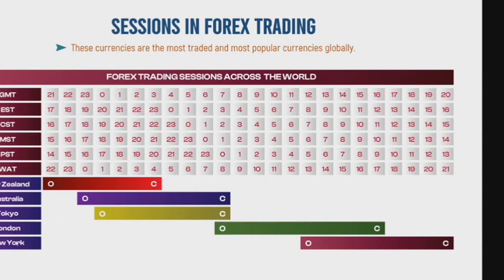We have the London and New York sessions intersecting at this point, and the Australian session, the Tokyo session, and parts of the London session intersecting at this point. These points are the peak hours or the most active trading hours, because more traders are trading in this intersection.